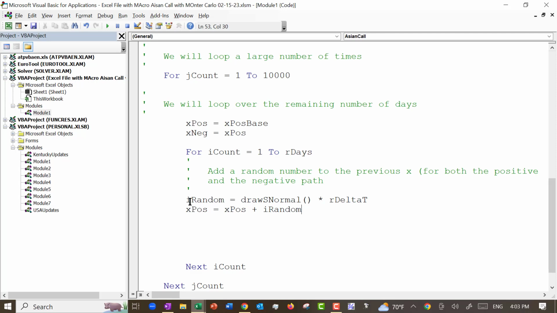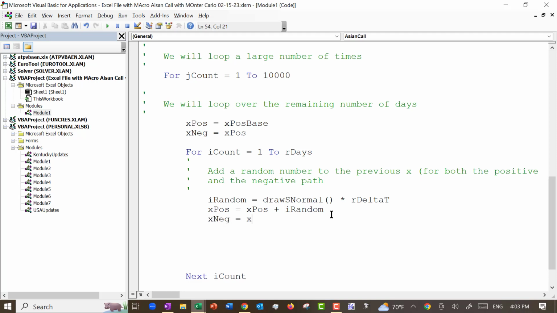Actually, I need to indent these. So the second one basically says if the random number was -2 on that other path, I'm going to use +2.